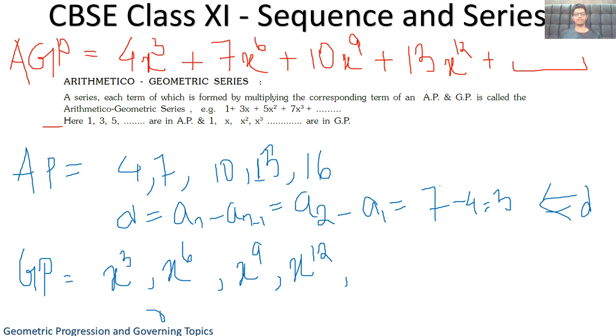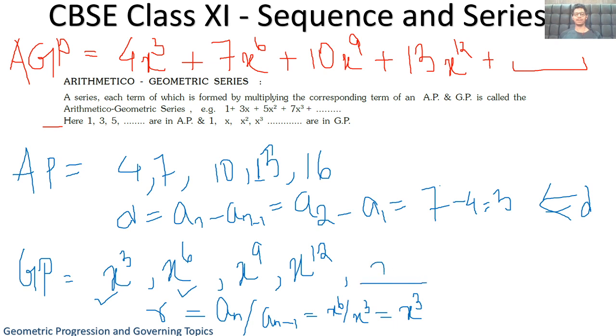We clearly know that the common factor is succeeding term by preceding term. So we'll pick the first term and the second term: x to the power 6 by x to the power 3. From here we reach x to the power 3. Thus the next term is going to be x to the power 15.